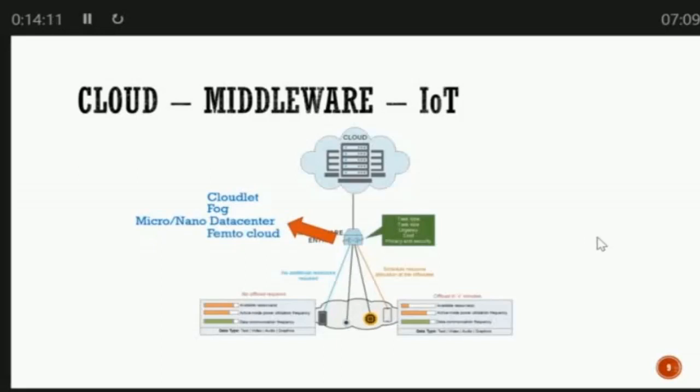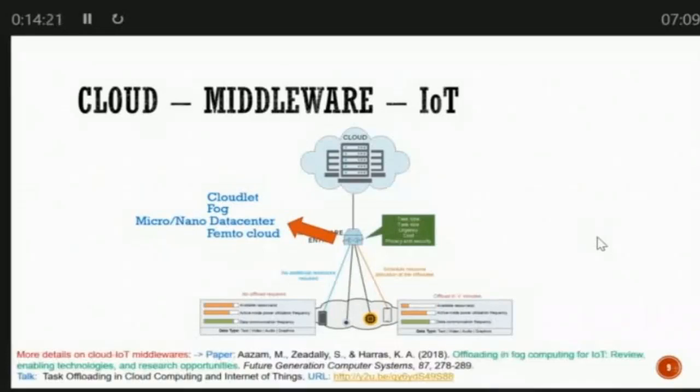If you want to learn more about this thing, if you want to learn different middlewares, how different middlewares can be used, what kind of middleware I can use for any particular scenario, and all that stuff, for that, please refer to this publication, this paper. This paper contains all the details related to middlewares and how offloading can be performed. And also you can see this talk.